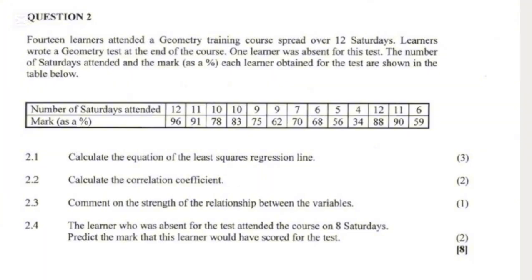These are the number of Saturdays attended. So there's 12 and there's 11, there's 10 and all that. Calculate the equation of the least squares regression line.